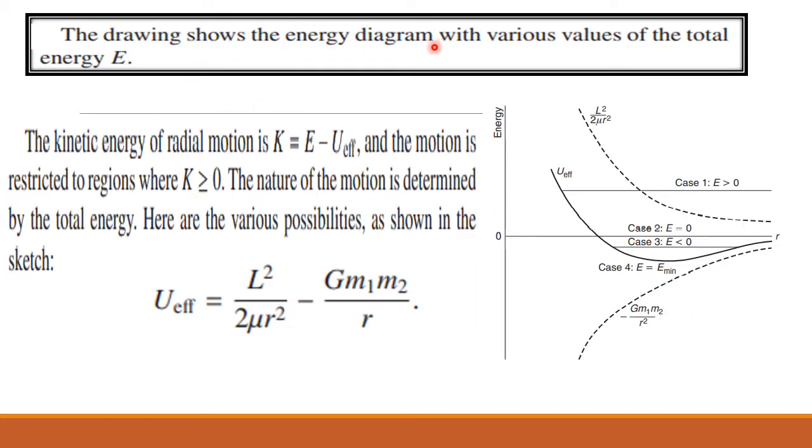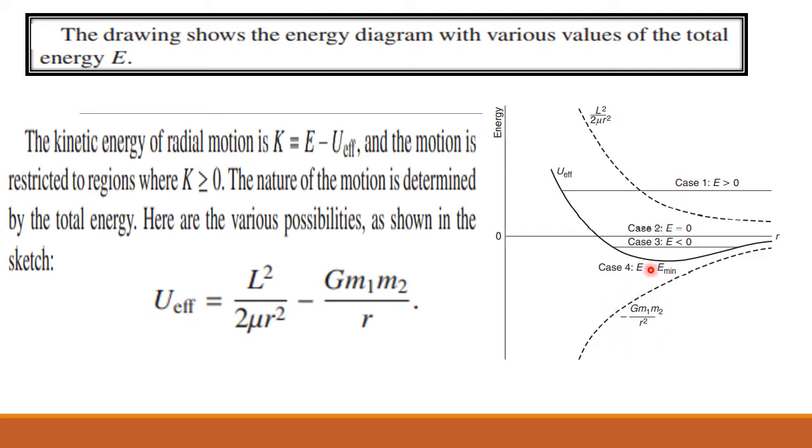Now we are going to draw the energy diagrams. The axes are r versus energy. You can see this is the effective potential energy curve. The dotted lines represent the centrifugal term, which is positive, and the gravitational potential term.